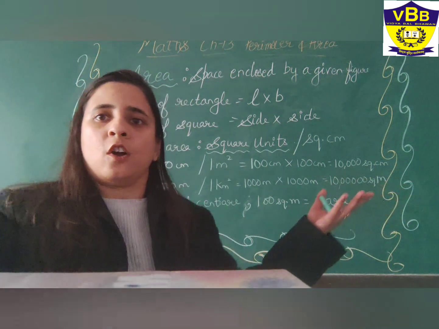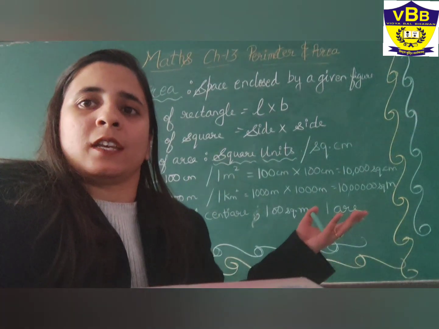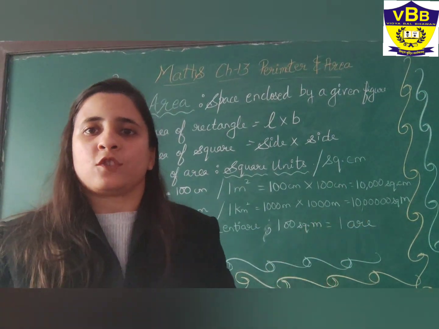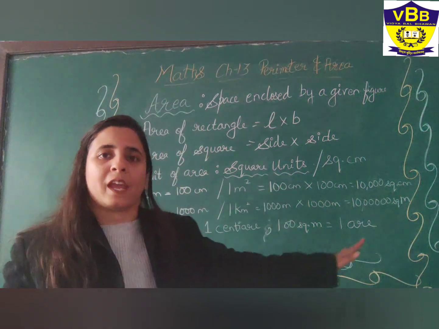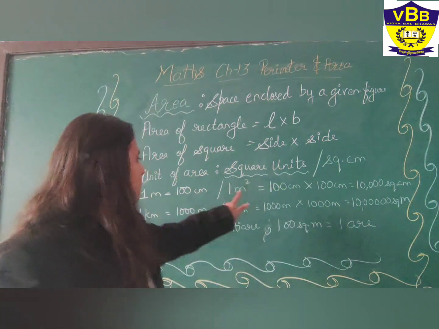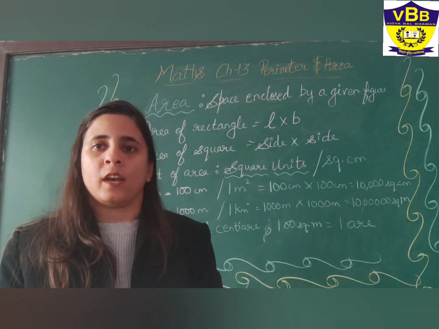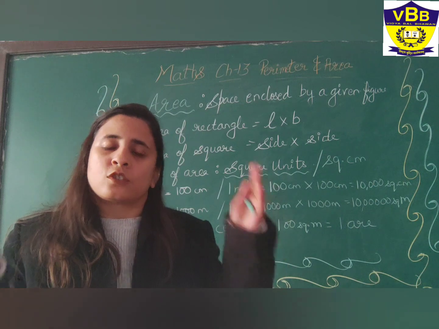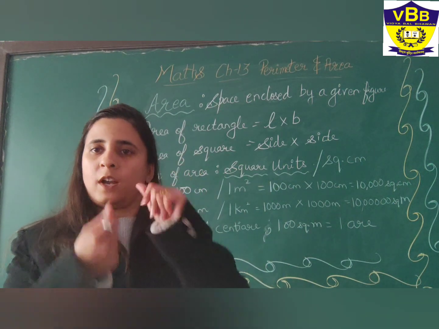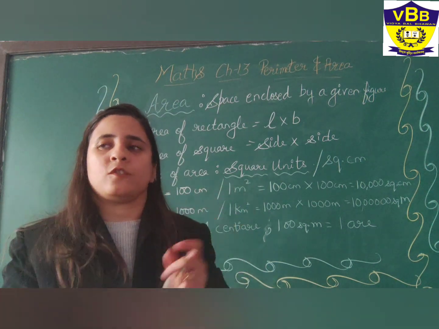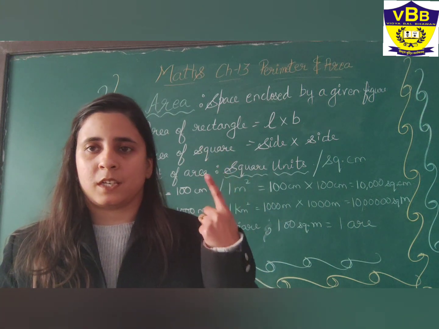For that we need to know the areas, and those areas will be in the units centiaire or aire or hectare. Meter, centimeter, kilometer are the units used for shorter dimensions, but for longer dimensions we use aire, hectare, centiaire. I hope this much is clear to you all.